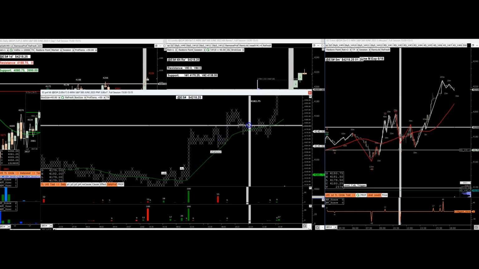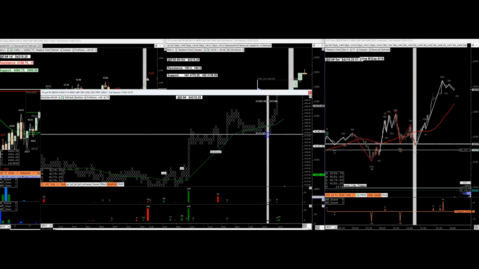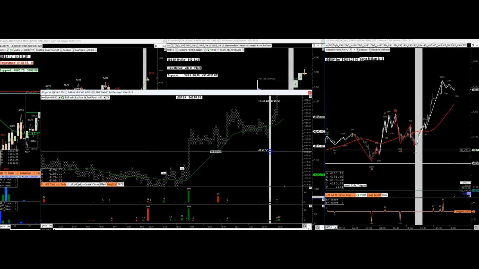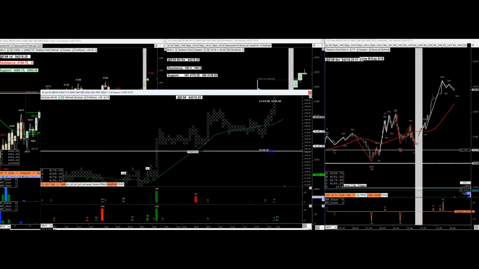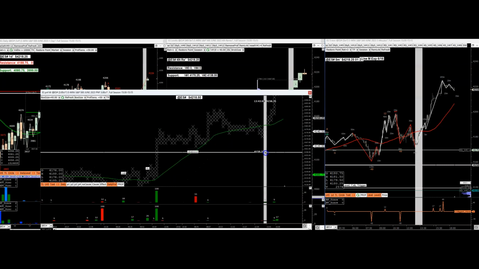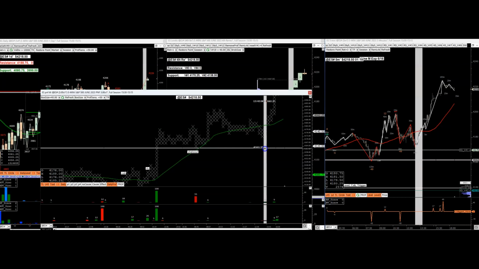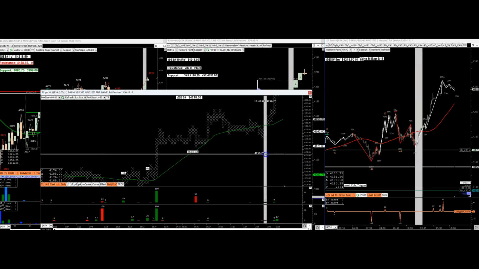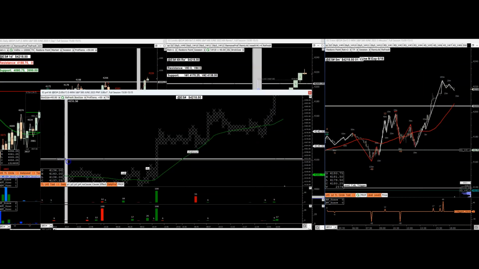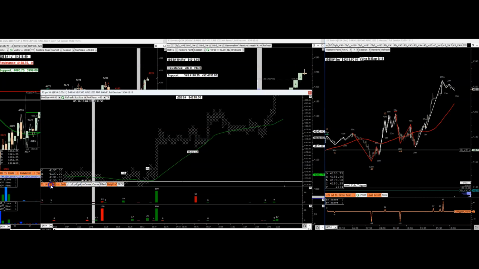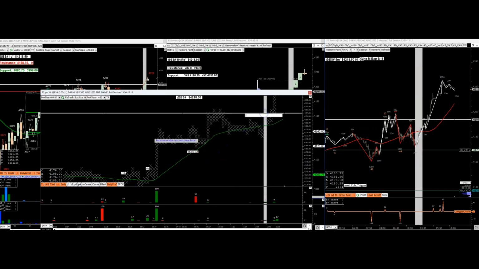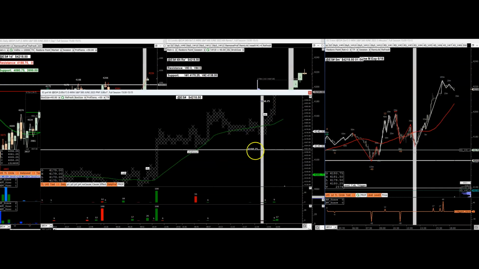Then it does this, and right here volume picks up. See that? No, not volume, price. I mean, there's a little pickup in volume, but price is more notable right here. Price picks up. So that is your reversal, meaning it's ready to go.